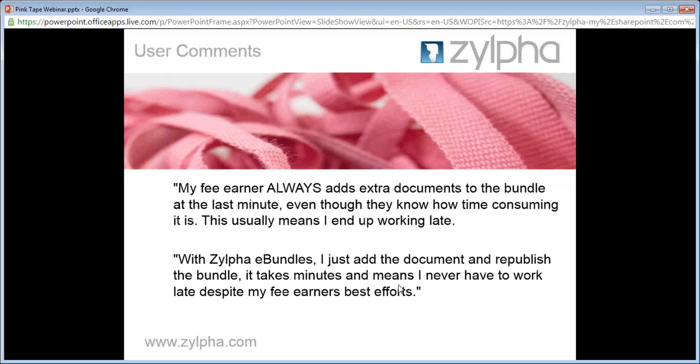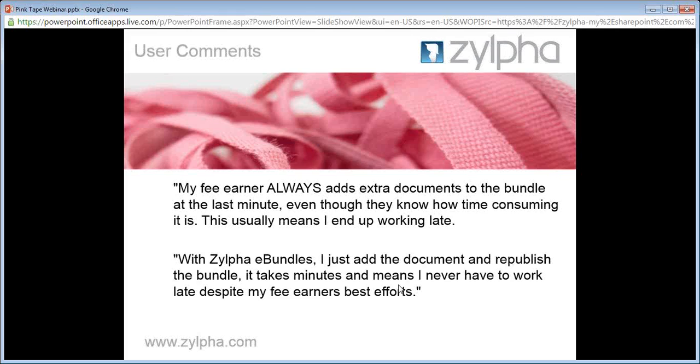This one I have had to tailor slightly. It was a little bit more aggressive when it came through. And effectively what they were saying is, if you've ever built a bundle, ever built something like this, you know what it's like. There's always additional documents that are added in at the end, and how time consuming it was.